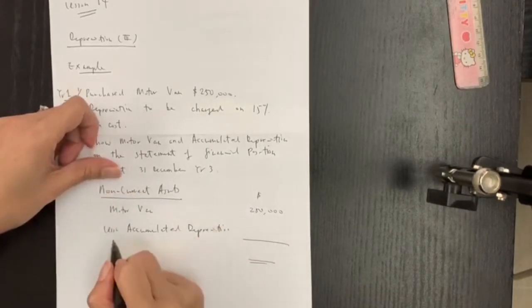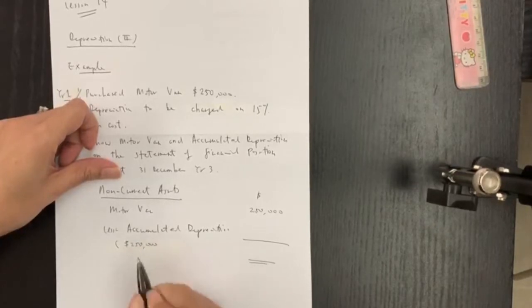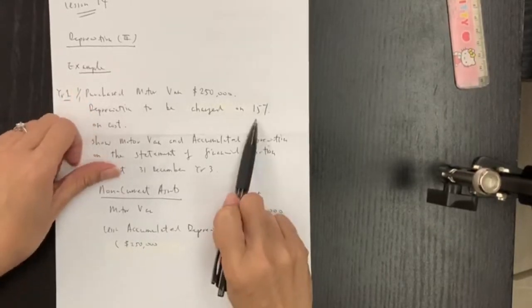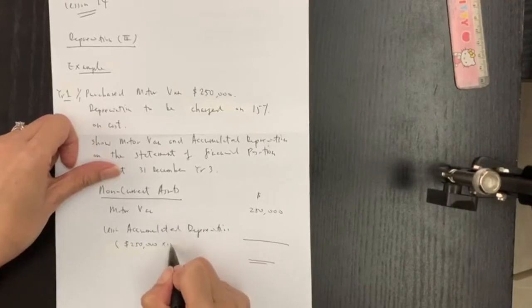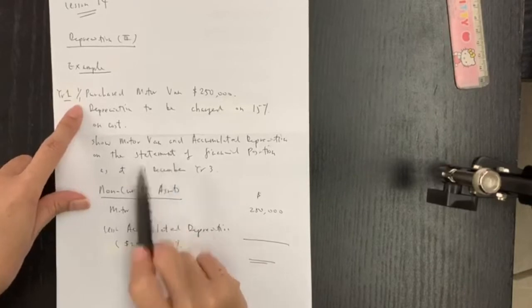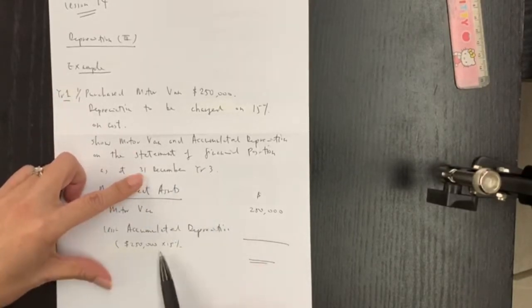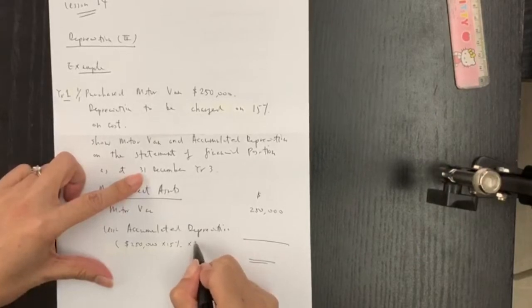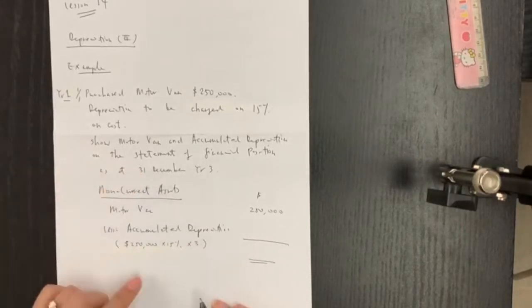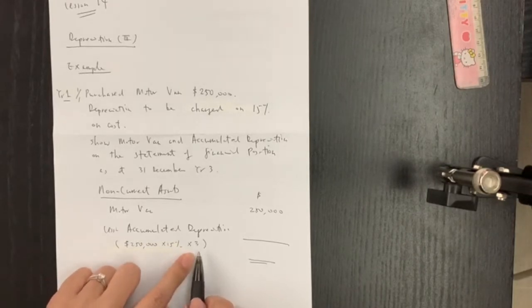That would be the cost, 250,000, times the rate for 1 year, which is 15%, and then from 1st of January in the first year up to the end of year 3, we have used it for 3 years.